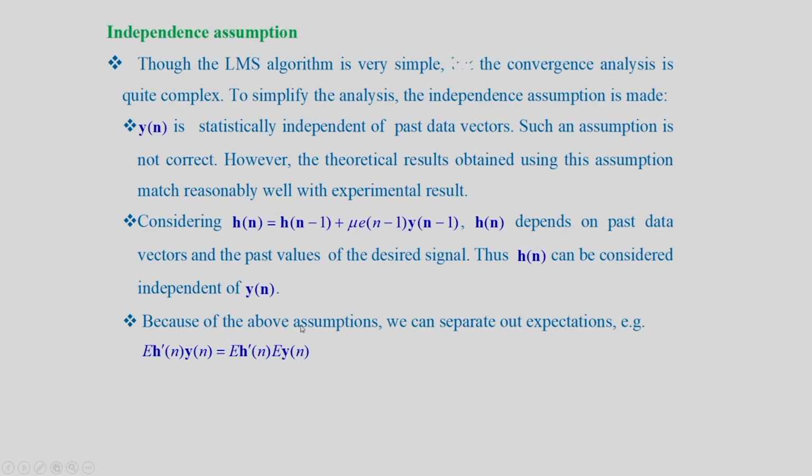Because of the above assumptions, we can separate out the expectation. For example, we can write E of h transpose(n) into y(n) will be equal to E of h transpose(n) into E of y(n). So, this type of separation will be needed in our analysis.